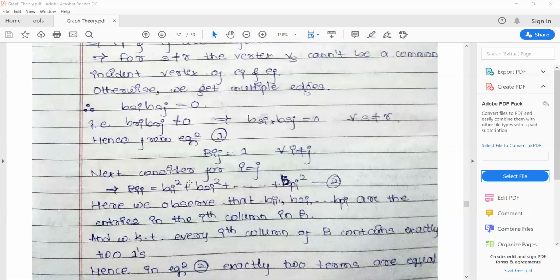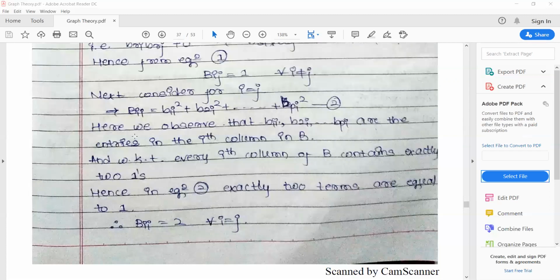And next, for i equal to j, b_ii equals b_1i square plus b_2i square plus and so on up to b_pi square. Here we observe that b_1i, b_2i, and so on up to b_pi are the entries in the ith column in B. And we know that every ith column in B contains exactly 2 ones.